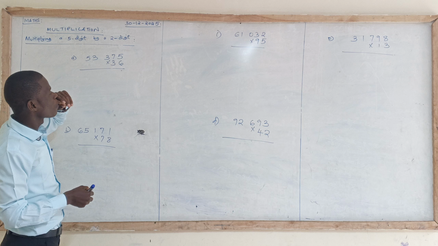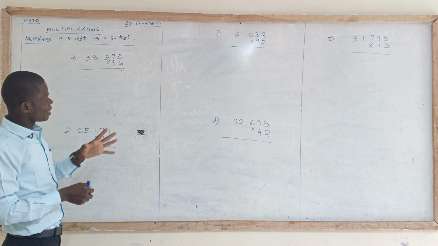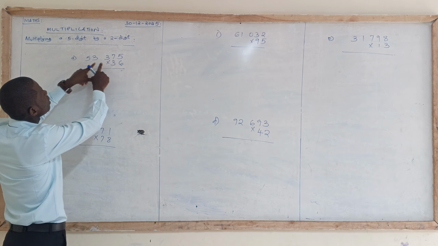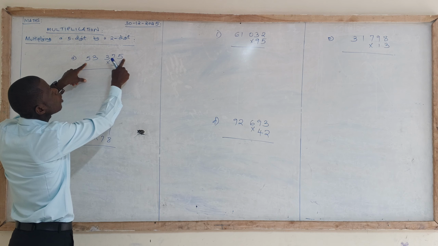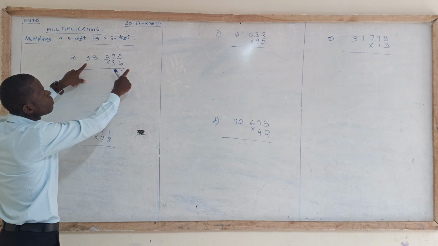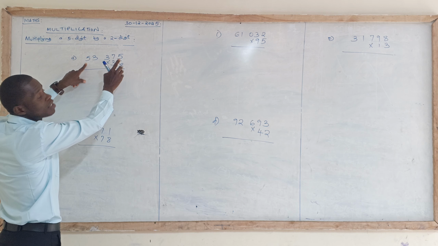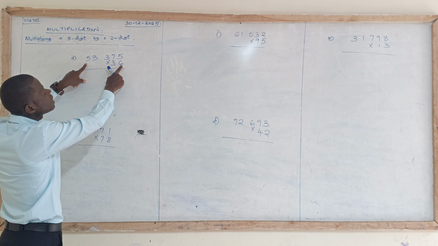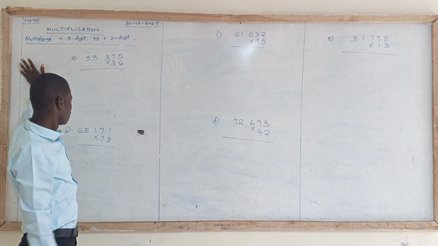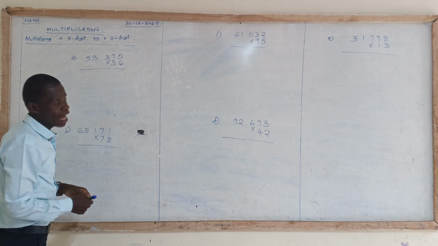Tens. So, we start. Already we know how to multiply by a one-digit number. So it is the digits on top here, 53,375, that I'm multiplying by these digits down here, 6 and 3. Wonderful.